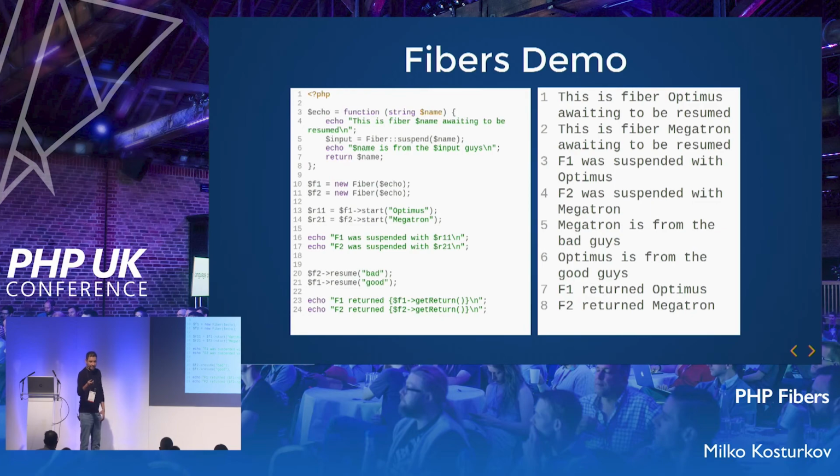Exactly, this is exactly what's happening. It is indeed controlled by the programmer itself. The programmer is in charge of scheduling and giving the order and starting and suspending the separate fibers. You're exactly right. You're in control. You should take care of this, for better or worse.